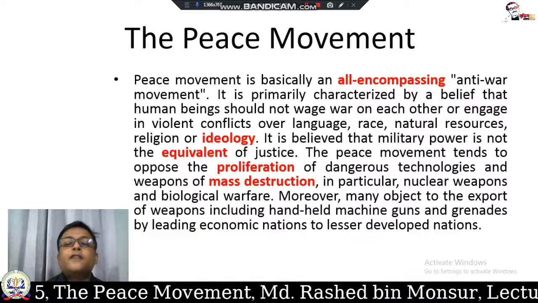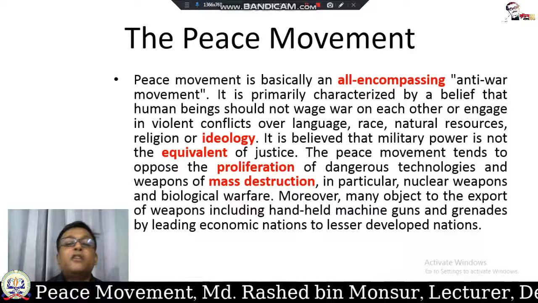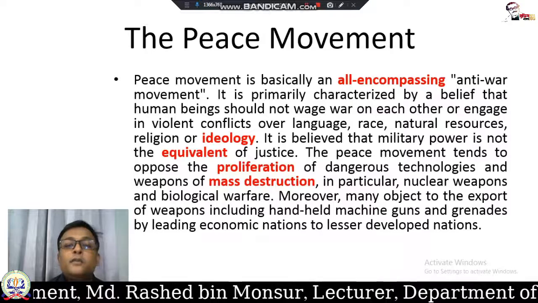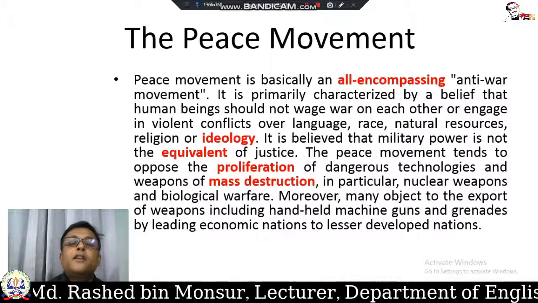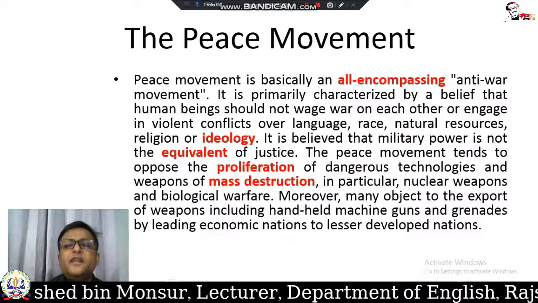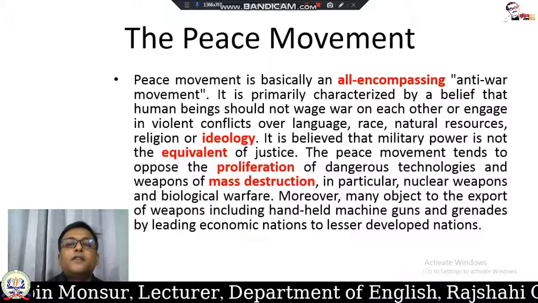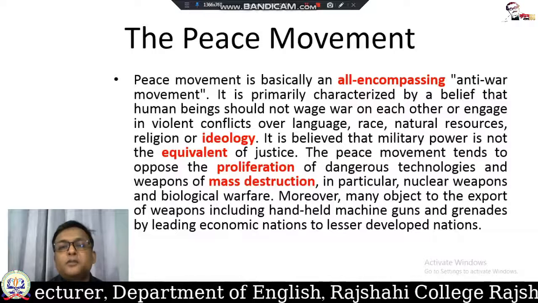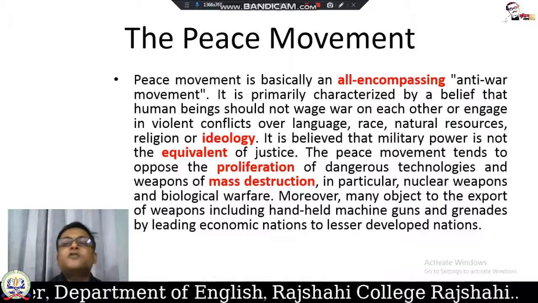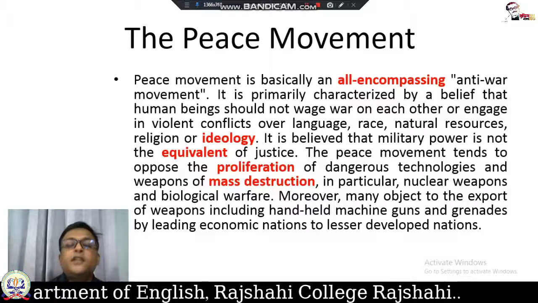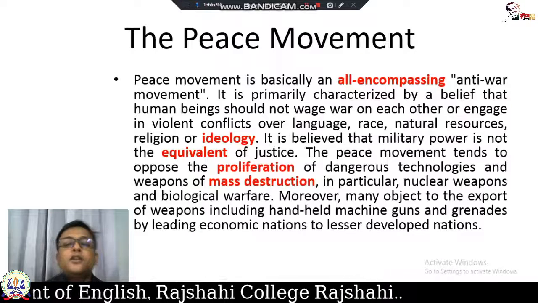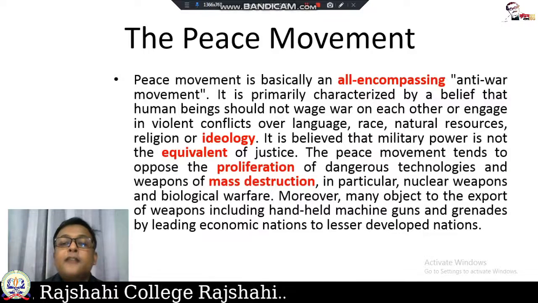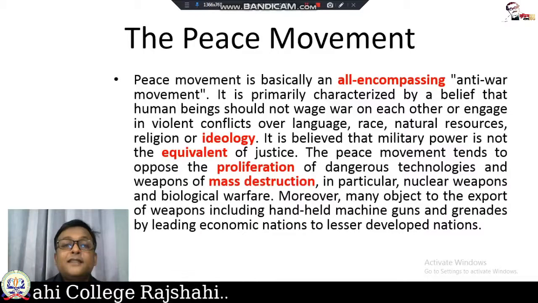And then conflicts can also be based on race. Race means different kinds of groups or different kinds of people. For example, the white people, the black people, the Africans, the Chinese people, the Asian people. There are so many kinds of people all over the world, and these kinds are also known as races.